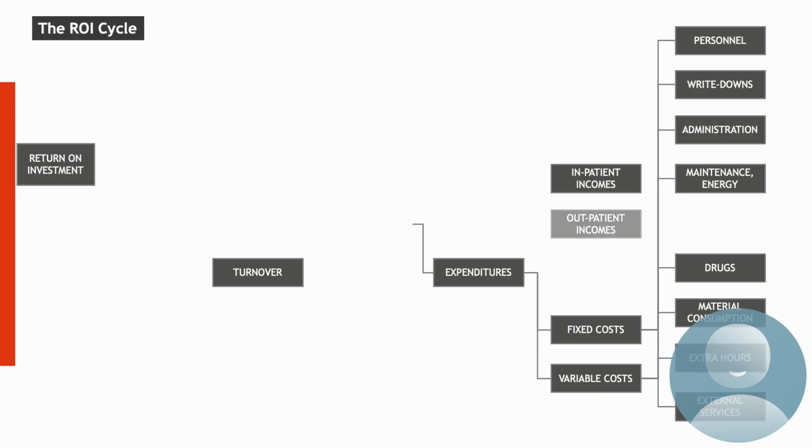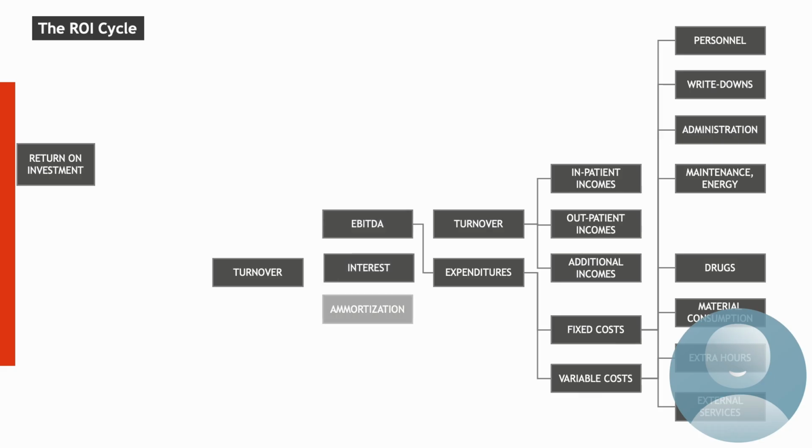You have incomes from emergency, you have incomes from OPDs. Of course, all of this is simplified, but it gives you the top line. So all of this together, with some additional incomes, in a tertiary hospital forms the turnover or the revenue of the hospital.